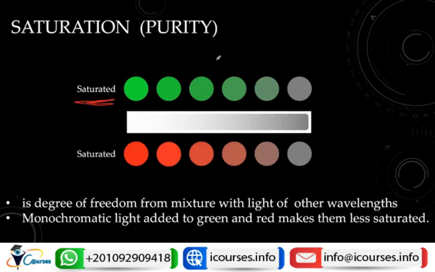But if we add other colors like gray, the color decreases in saturation because we added another wavelength, until the color becomes totally unsaturated. So the color is not pure, as there is another color adding up to it.